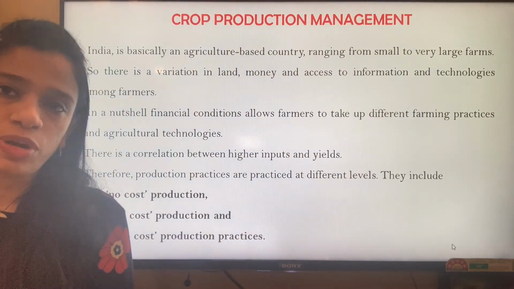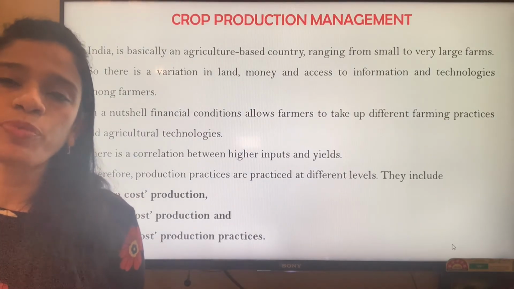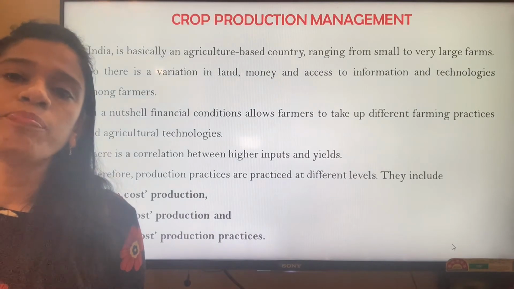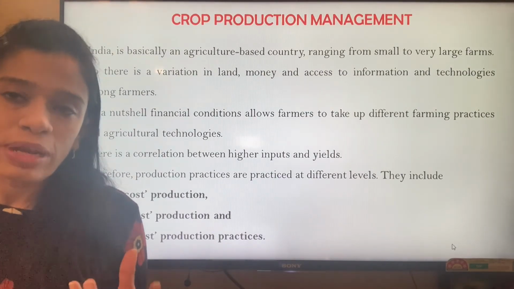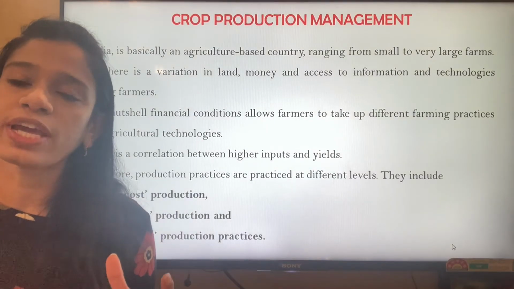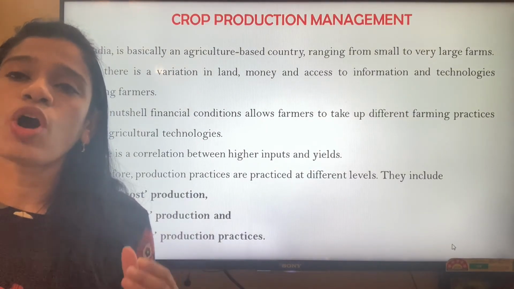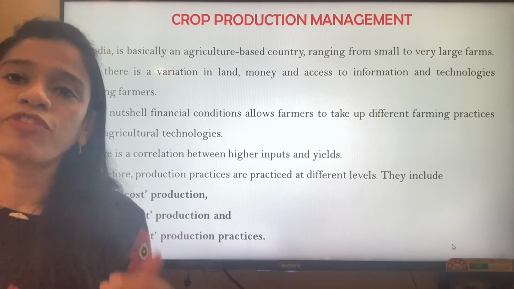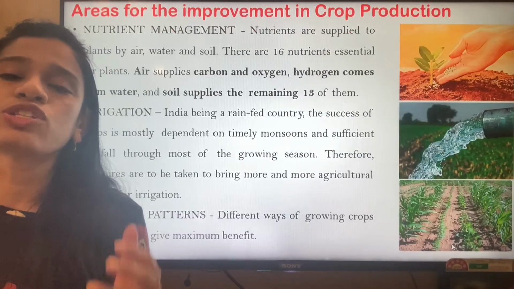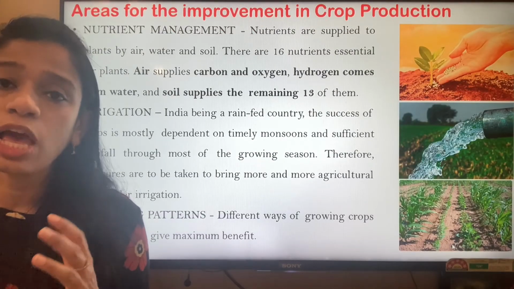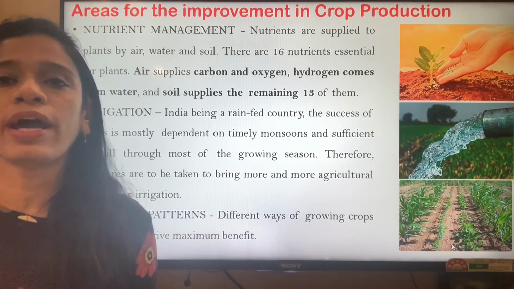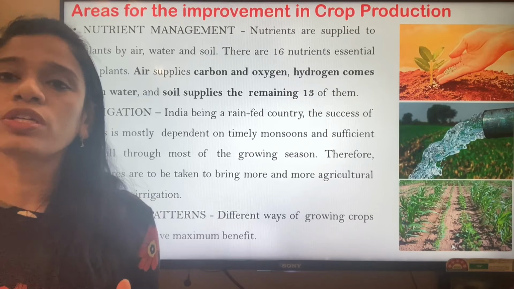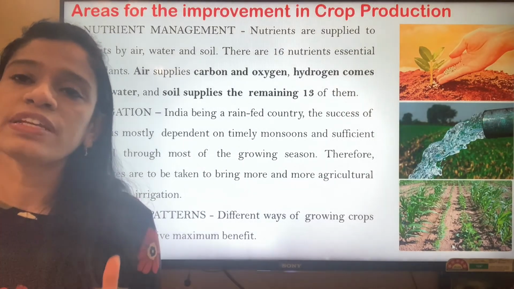But when we talk of production, we basically mean the yield of the crop. In order to get a proper yield from a plant, it has to have all the things properly. The first thing that comes to our mind is food, because we living beings always depend on food.